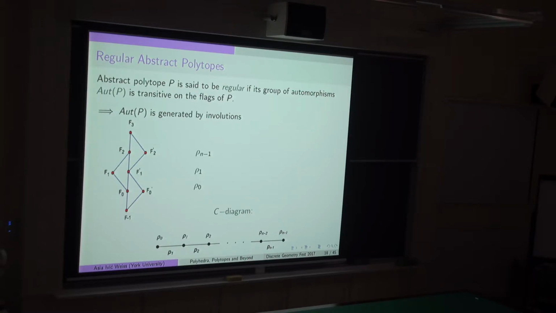So when they're not connected, like for example, ρ0 and ρ2, that means that the order of the product of the 2 generators is 2. So every abstract regular polytope has as its symmetry group a string Coxeter group quotient with a linear diagram.